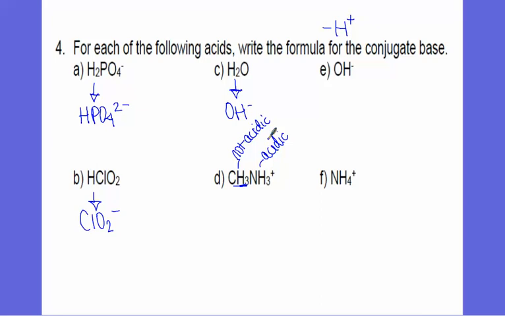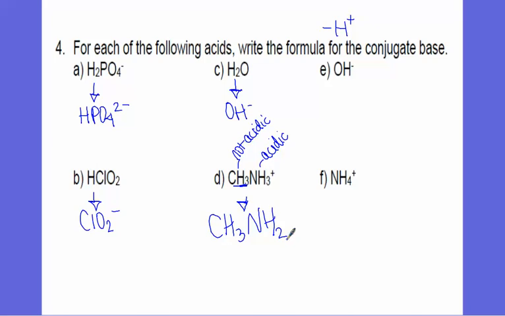So for any organic substance, you'll never touch the hydrogens on the carbons. And that's one reason why carbon-containing acids are weak. All right, so if I take away a hydrogen there, the CH3 stays the same. And what's the rest of it? NH2. Cool.